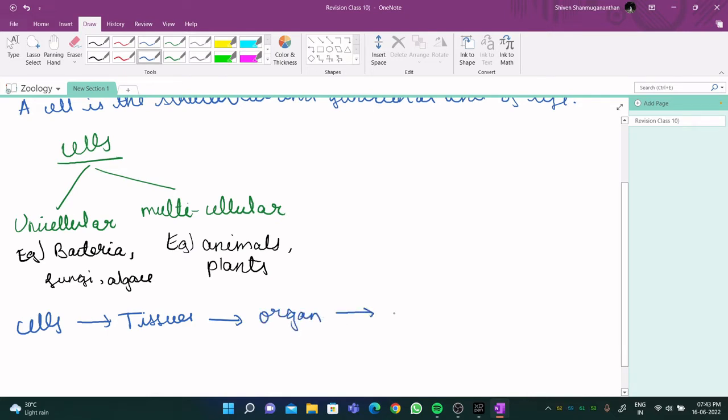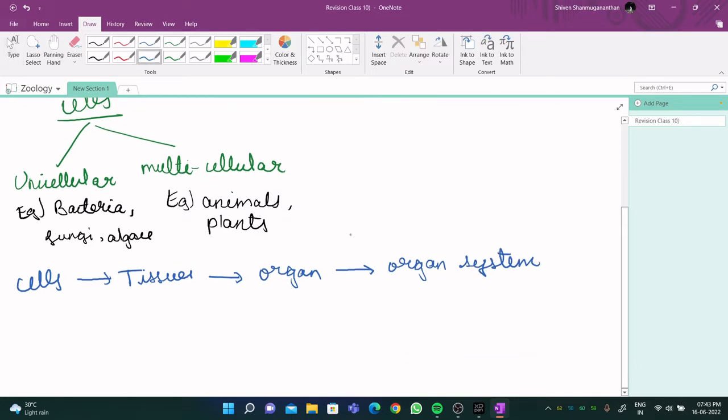A combination of organs gives you an organ system. And a combination of organ systems gives you an organism.